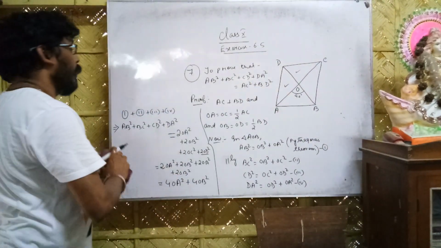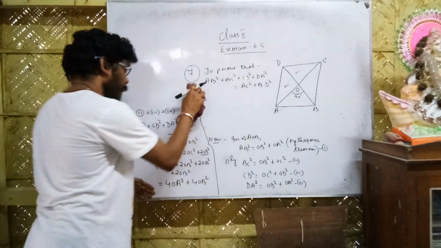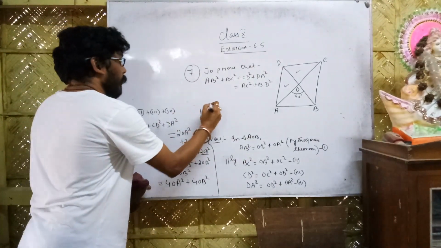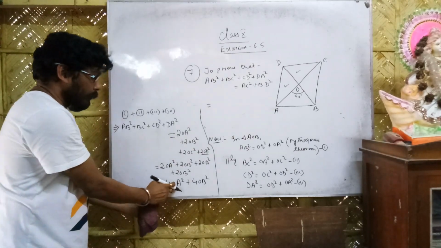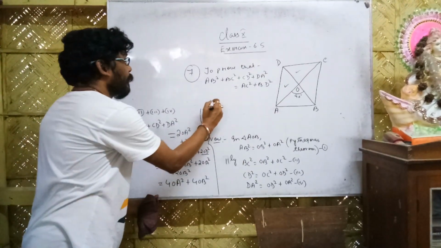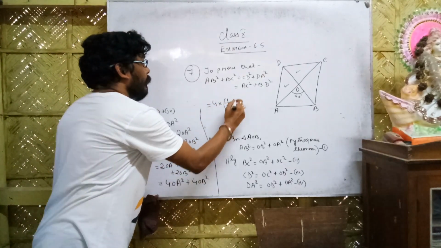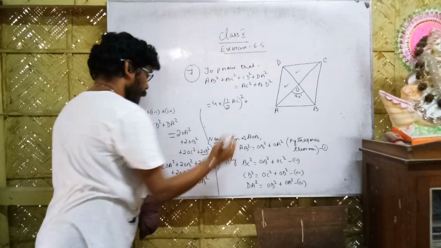Okay. Now what can you write after this? OA is half of AC, so in place of OA, we write 4 times half of AC whole square.